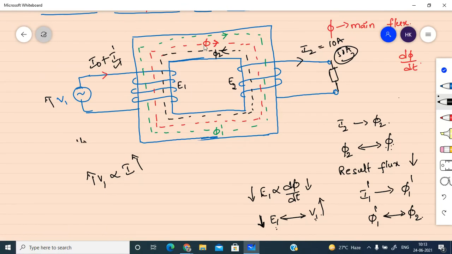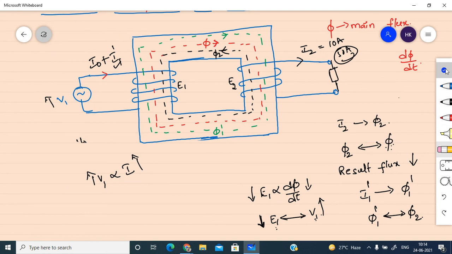If the load current is 10 amperes, this additional current may be 10 amperes. If the load current is 50 amperes, the additional current may be 50 amperes. So based on the load current, the transformer will draw extra current from the primary. So therefore, it can maintain the flux in the core constant. So the transformer is also called a constant flux device.